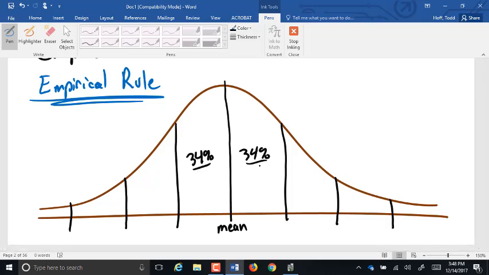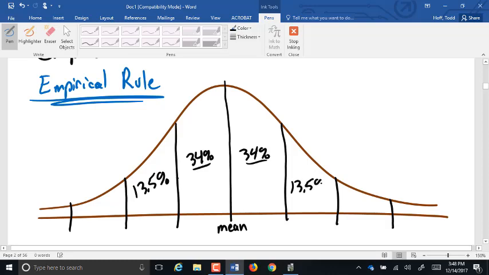If we were to keep going, between 1 and 2 standard deviations is about 13.5% of the data. If we go between 2 and 3 standard deviations, it's about 2.35%. And outside of 3 standard deviations is 0.15% on each side.